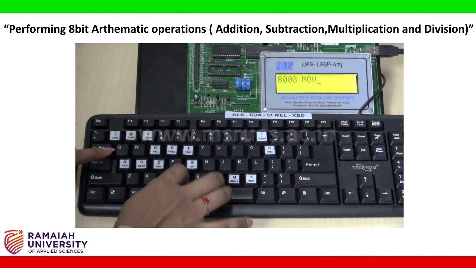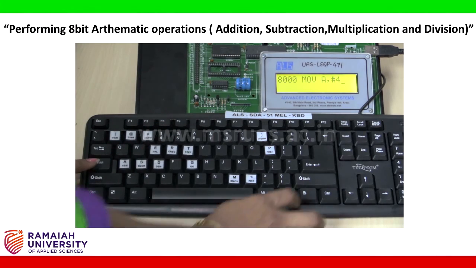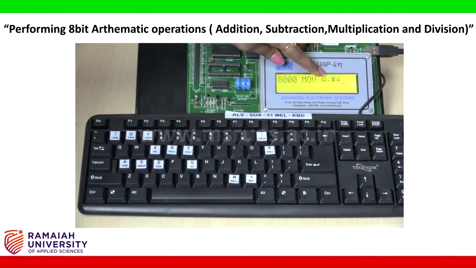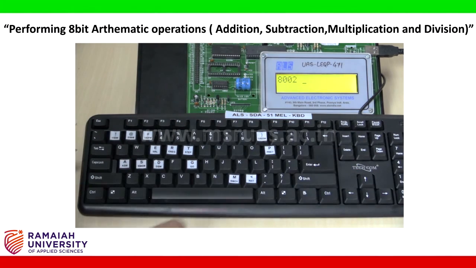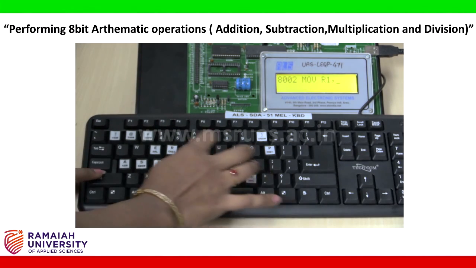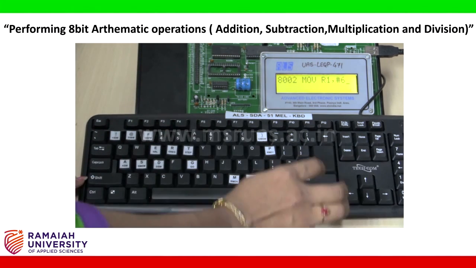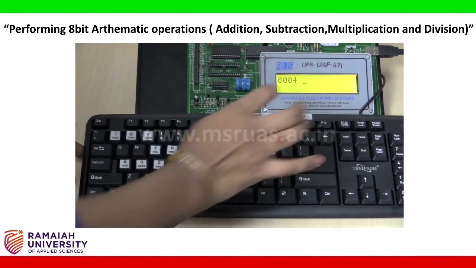MOV A, #4. So I am loading my accumulator with the value 4. Give enter twice. Then MOV R1, #6. So I am now loading my register R1 with the value 6. Give enter again.